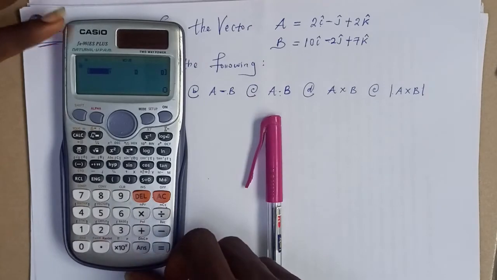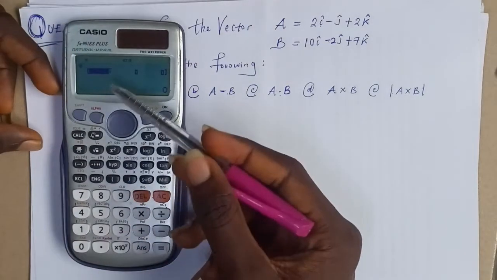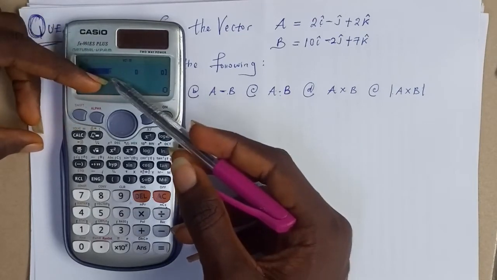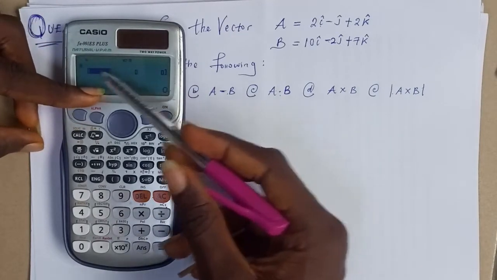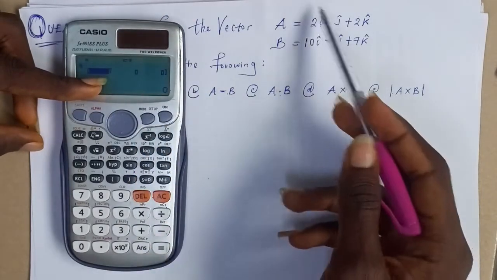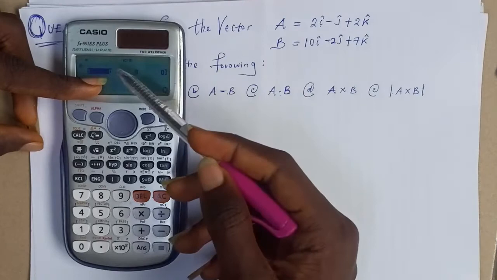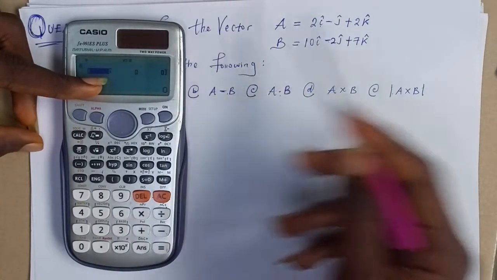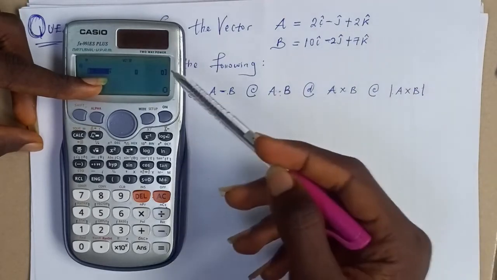Now, as you can see, we have a row, which implies this is the first column, second column, third column. This is for vector A, such that we have to put in the coefficient for each unit direction. For i, the coefficient is 2, so I put 2 here. For j, I have -1, so I input -1 here. And for k, I have 2, so I put 2 here.